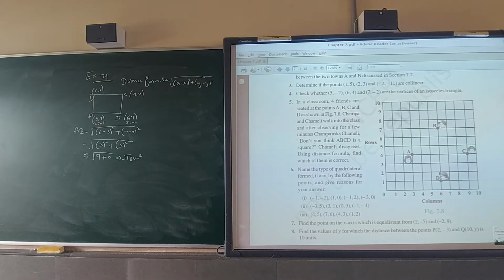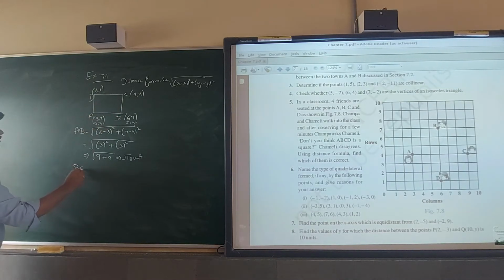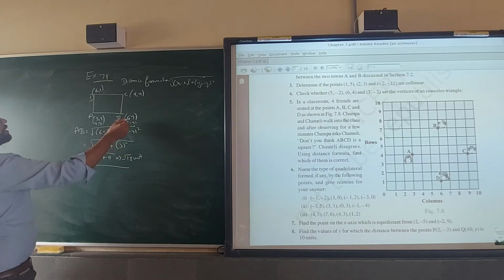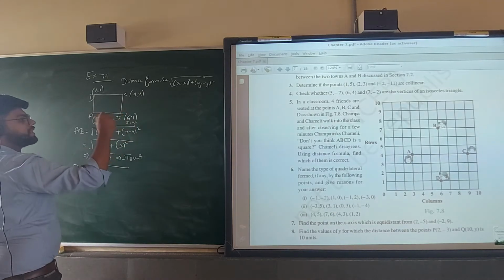Now, same as it is, find the distance between BC. Again this one will be x2 y2, you can take any one as x1 y1.